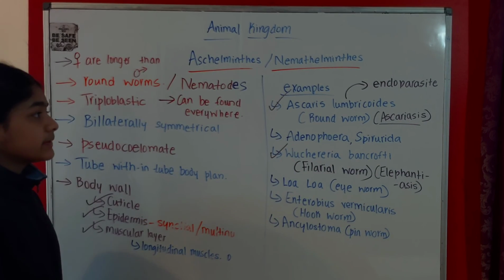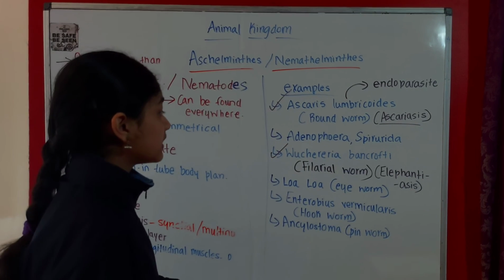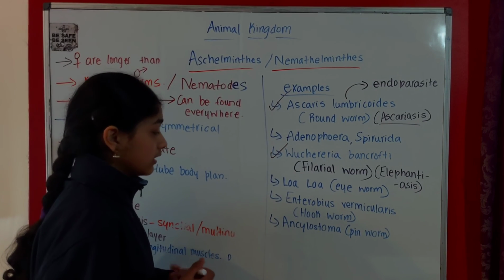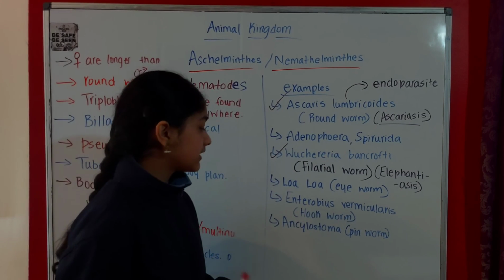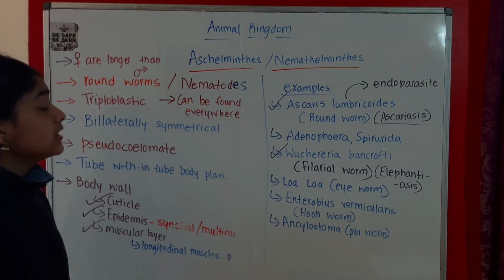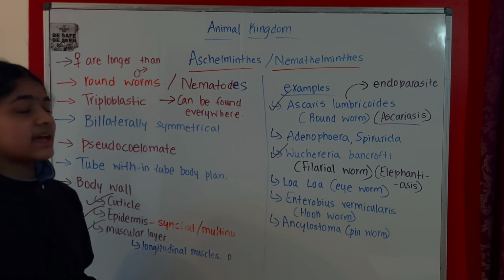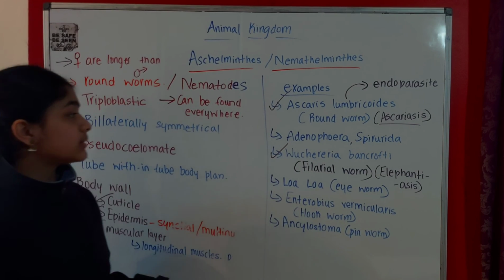So these are some examples of nematodes. The important ones are Ascaris lumbricoides, Wuchereria bancrofti, and also Loa loa the eyeworm, Enterobius vermicularis the hookworm, Ancylostoma the pinworm. So these are some examples of Aschelminthes or nematodes, and these are the most important ones.